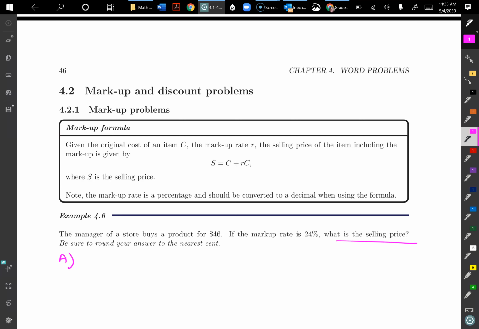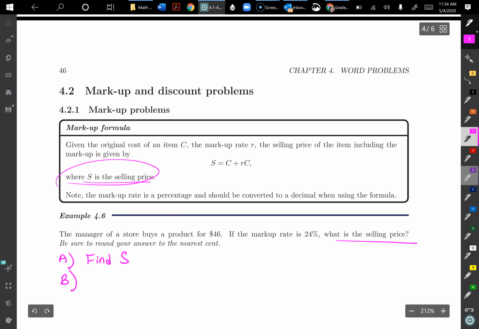So we are trying to find S. We don't have to say let S equal the selling price, but we could, but it's standard for this formula. Then we're going to write the formula, because we're given a formula. So we would just write S equals C plus RC.